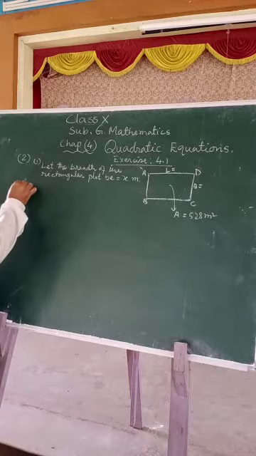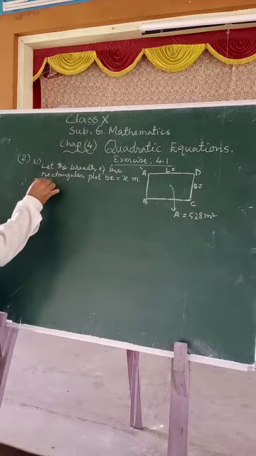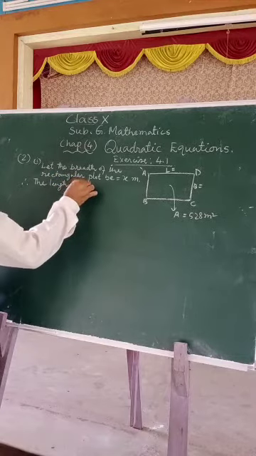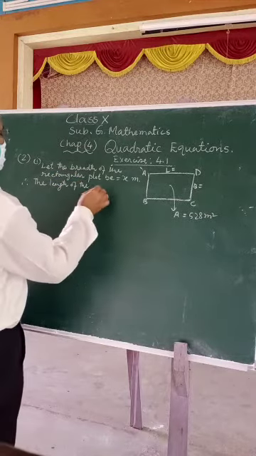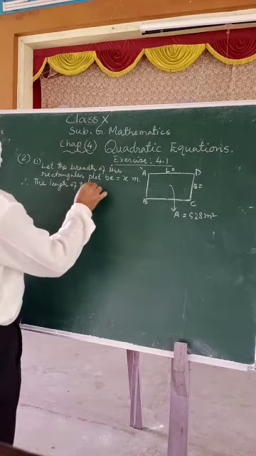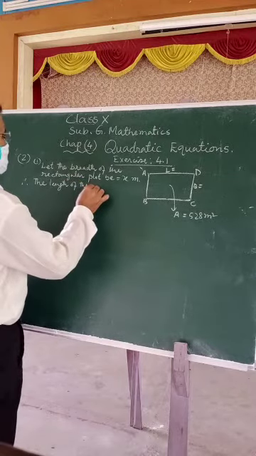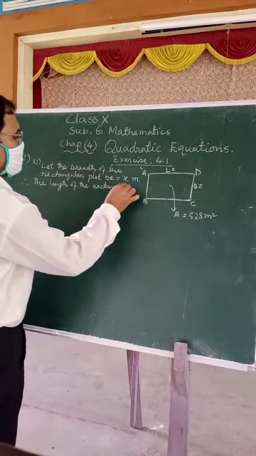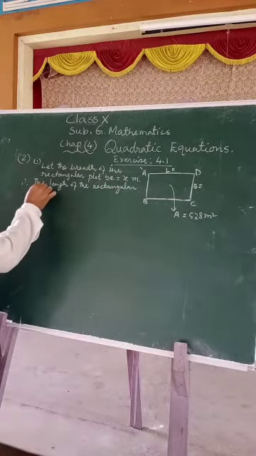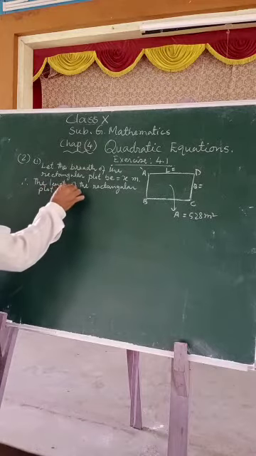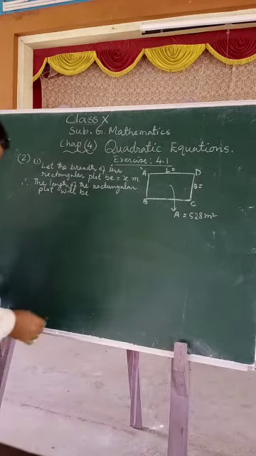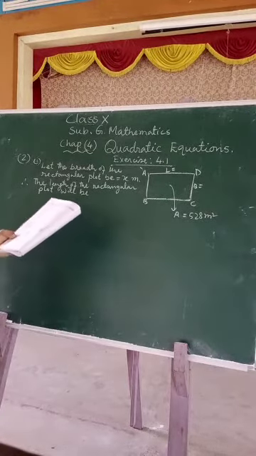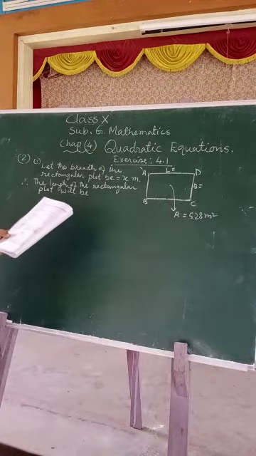Therefore, the length of the rectangular plot is 1 more than twice its breadth.